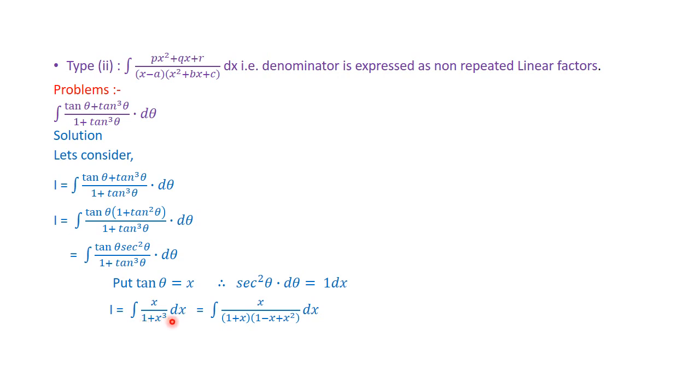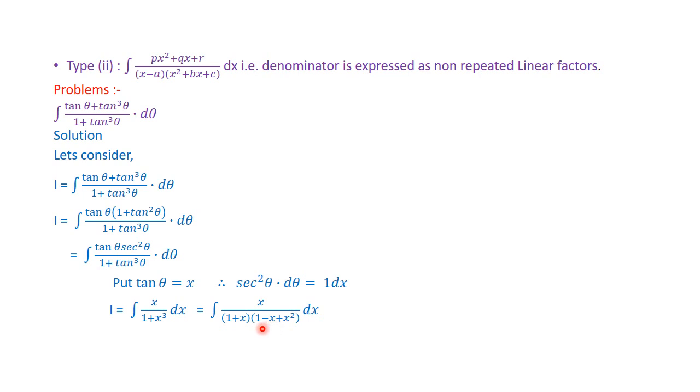But 1 plus x cube can be written using an identity: 1 cube plus x cube, comparing it with a cube plus b cube is equal to a plus b into a square minus ab plus b square.